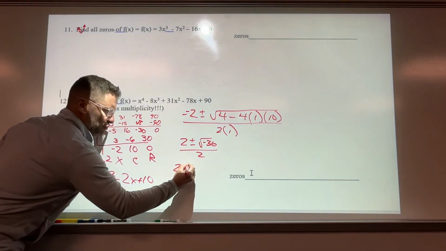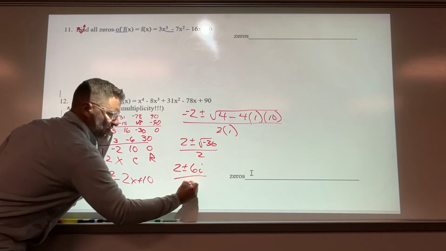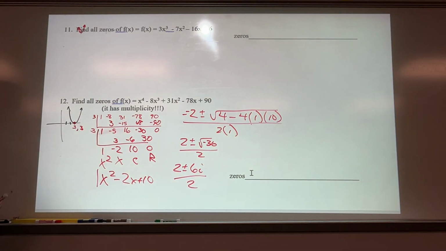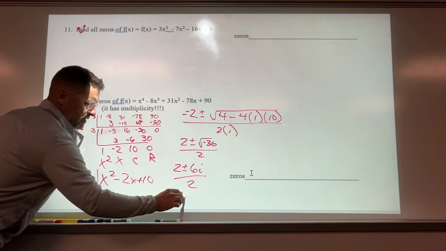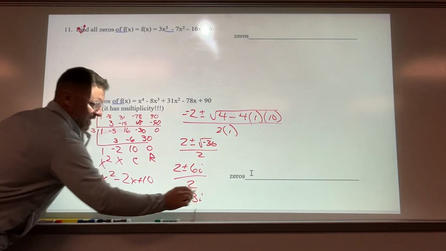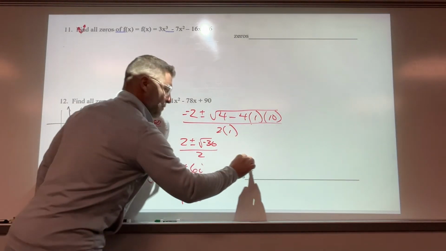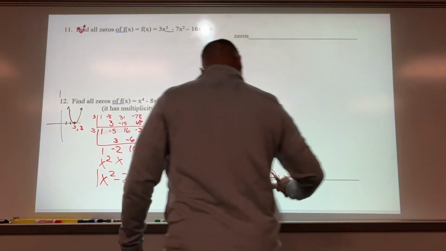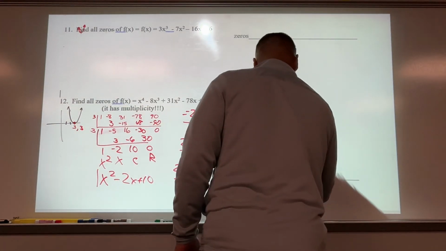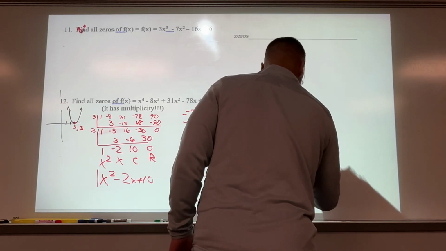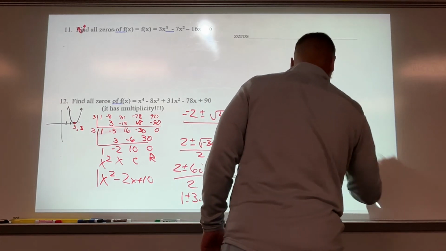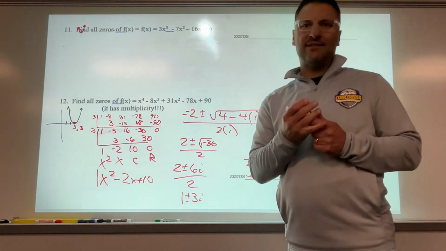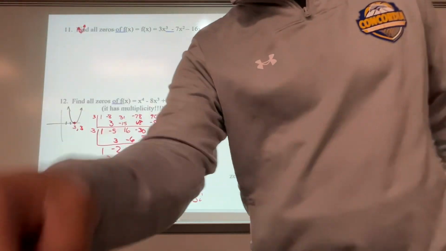Which gets me to 2 plus or minus 6i over 2, which gets me to 1 plus or minus 3i. And my answers are 3, 3, 1 plus 3i, and 1 minus 3i. And that's the end of the review. Good luck on your test tomorrow.